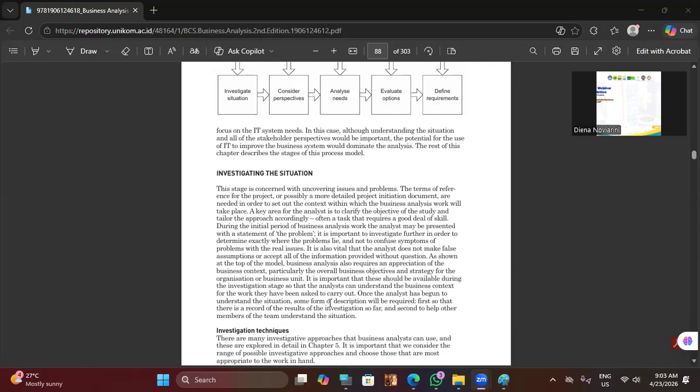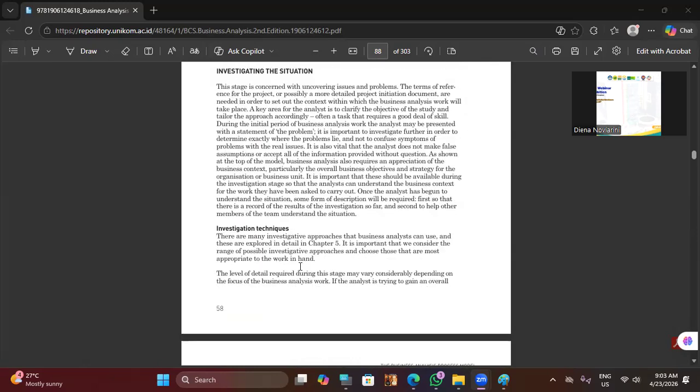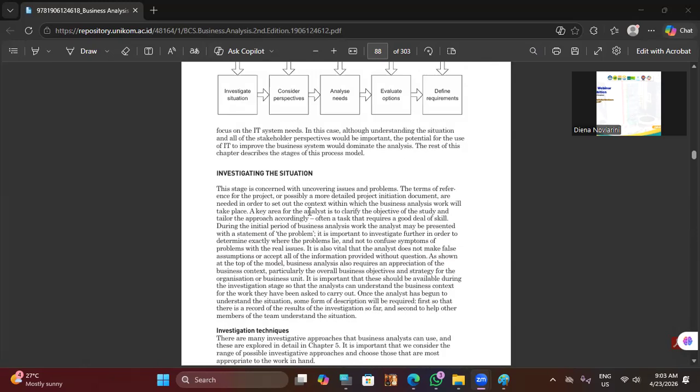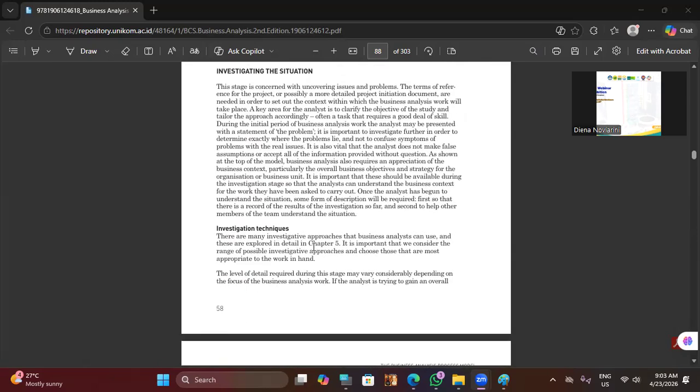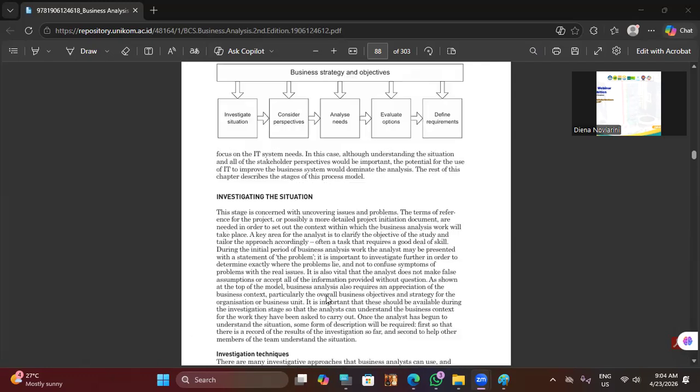In investigating techniques, where we consider perspectives, there are many investigative approaches that business analysts can use, and they are explored in detail in further chapters. The level of detail required during this stage may vary considerably depending on the focus of the business analysis work.